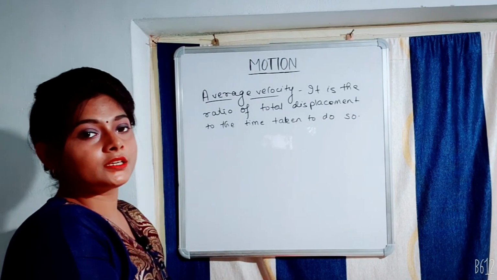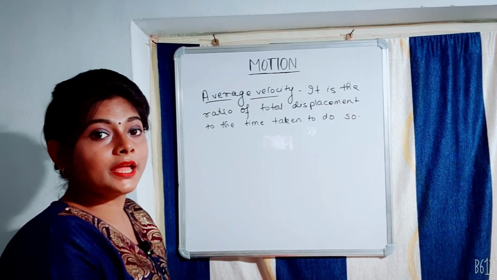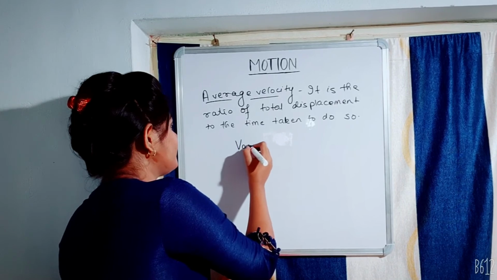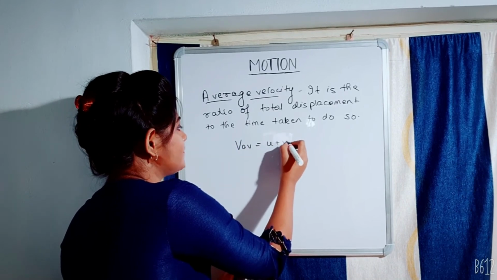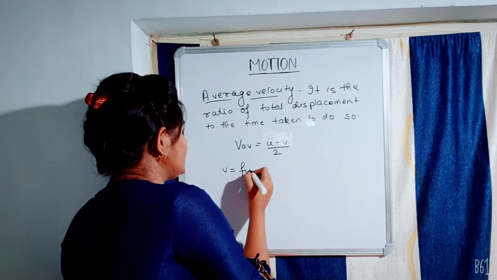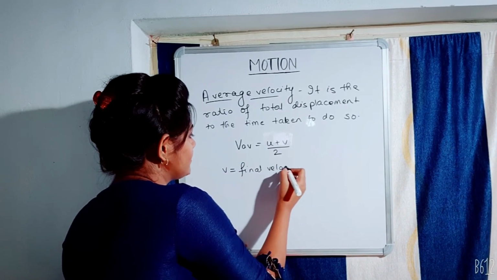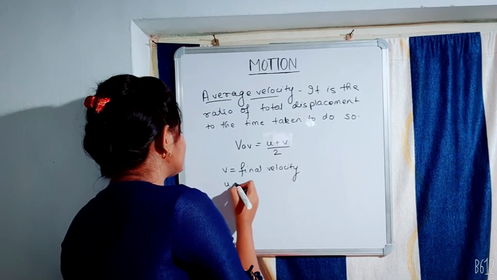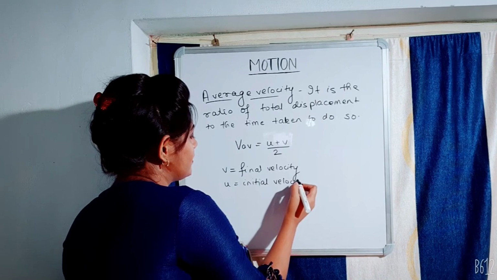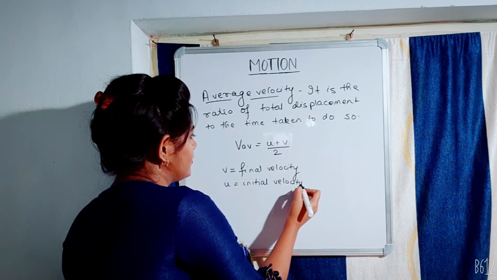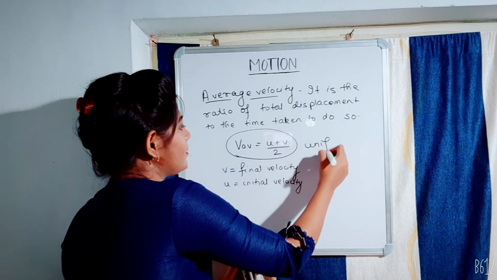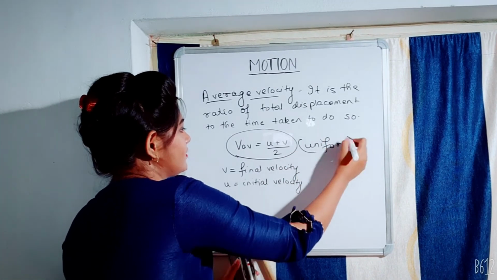If the body undergoes uniform velocity, then average velocity can be calculated by the formula V average is equal to (u plus v) by 2, where v is equal to final velocity and u is equal to initial velocity. This formula is applicable only for uniform velocity.